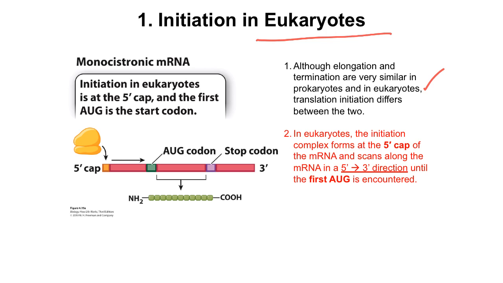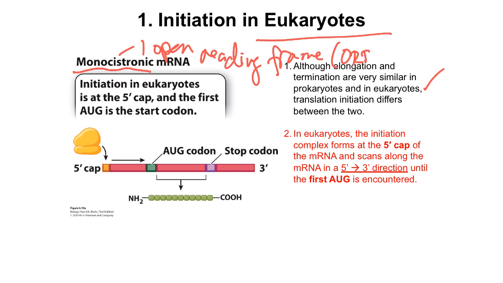That's why eukaryotic mRNAs are called monocistronic mRNAs, meaning they just code one polypeptide, or they only have one open reading frame, or ORF for short. Okay, so please remember that, it's very important.